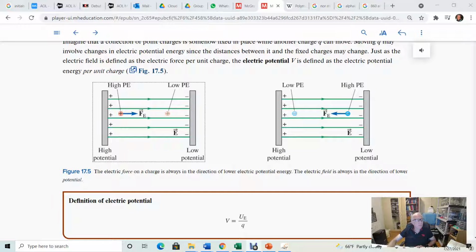Okay, so let's talk about something else too. High potential and low potential. If you have a charge distribution like that, the region of high potential, I'm not talking about high potential energy, is always the point in which you have a positive charge distribution. Whether it's a plate or a point charge, the positive charge distribution is going to be the region of high potential, whereas the negative region is going to be the low potential, no matter what.